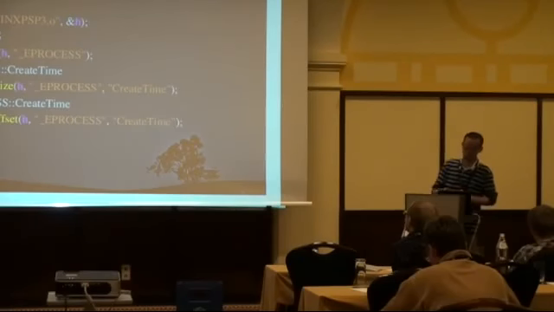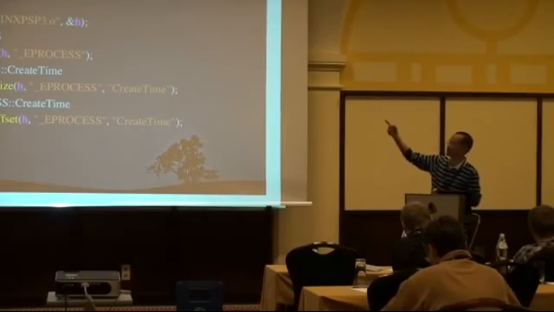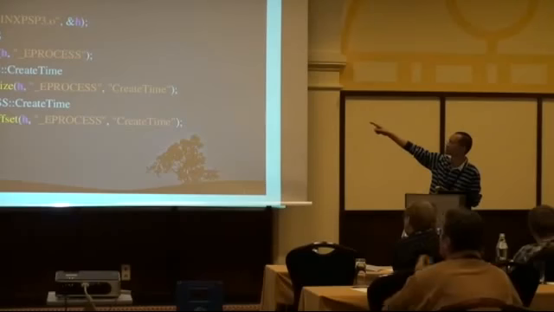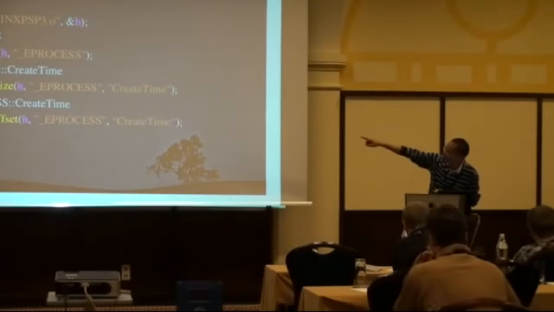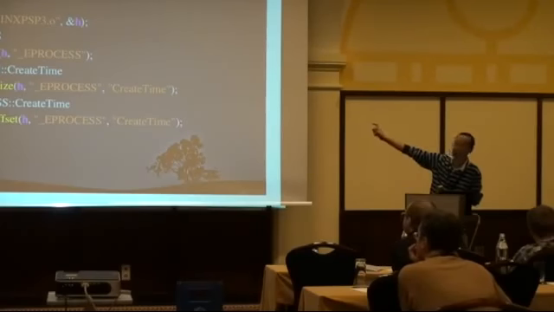Here's the sample. I want to get information on Windows XP, so I have one function to open the Windows XP object, Windows XP service factory, and you can see the DI struct size returns the size of the EPROCESS structure. The next function returns the member size, the create time member inside the EPROCESS structure.